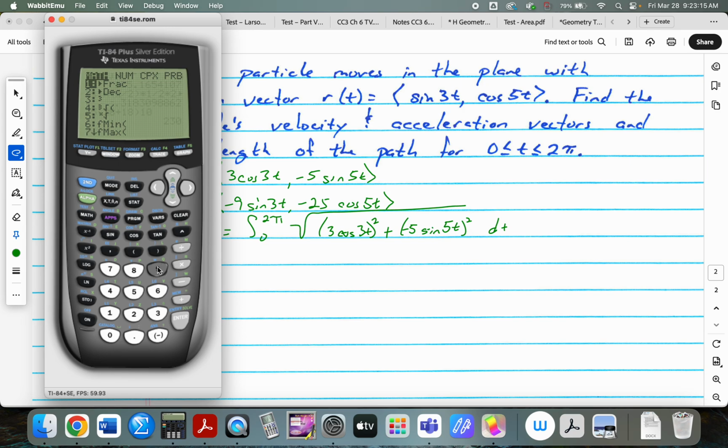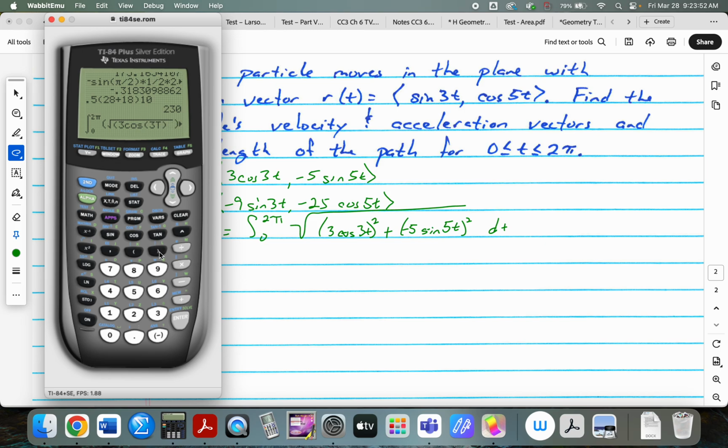So a little math 9 action from 0 to 2 pi of the square root of the quantity 3 cosine 3t. Oh, interesting, because I still have it in parametric mode, it automatically uses t.